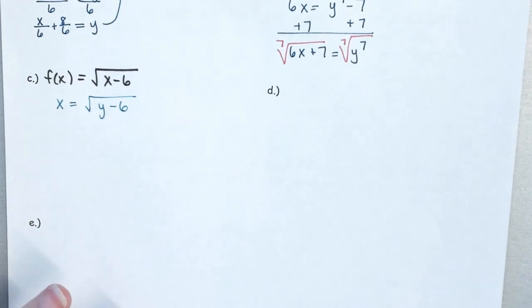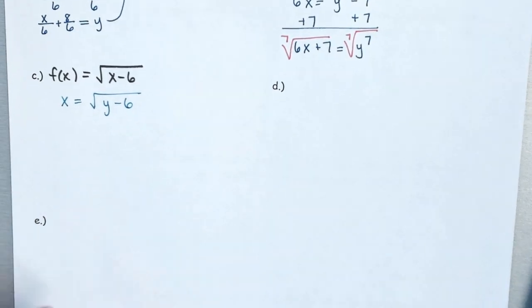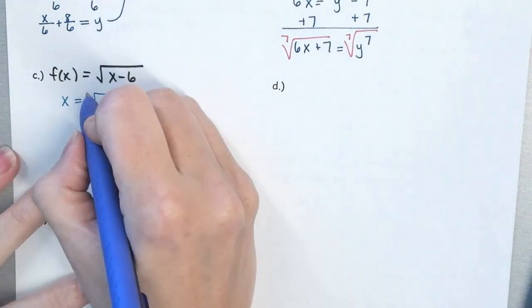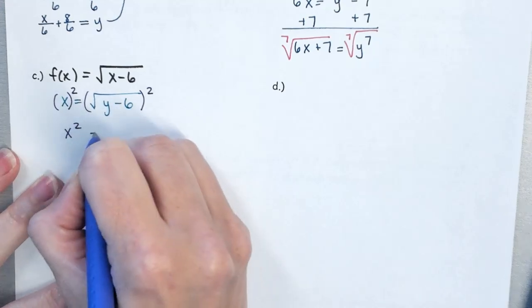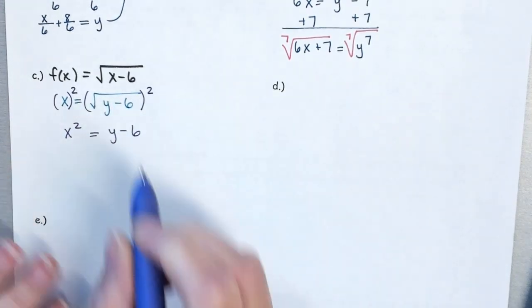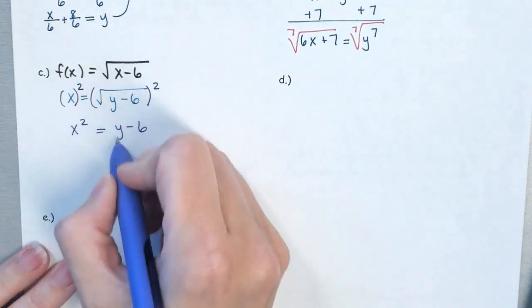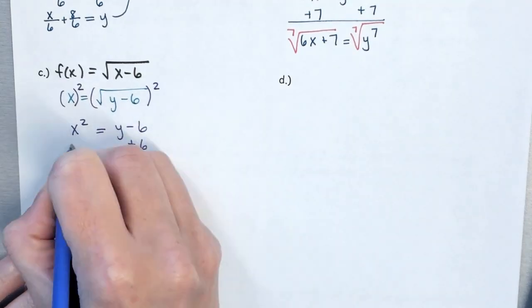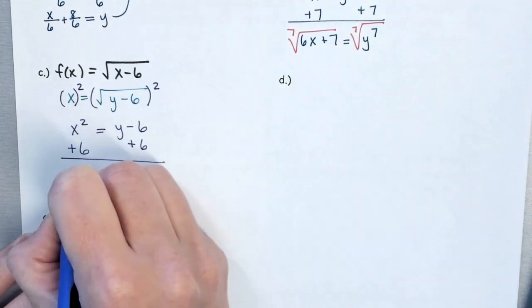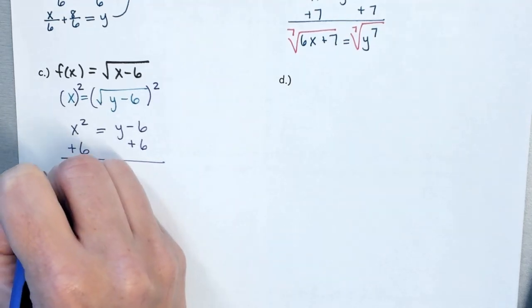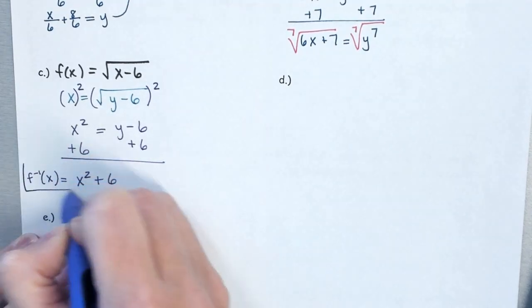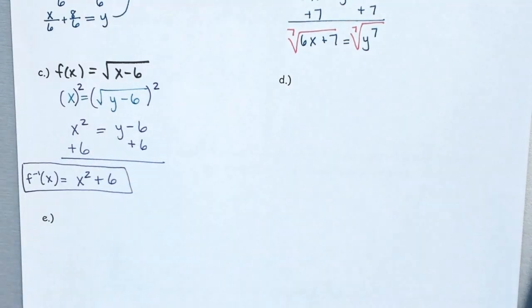All right, and then Micah, can you tell me what you did first for this one? Good, so we're going to square both sides, so we're just showing that step. So then we have x squared equals y minus 6. Whenever you square the square root, they undo one another. Then to get y by itself, we just have to add 6. So we have x squared plus 6, and if you want to write that in function notation, there you are.